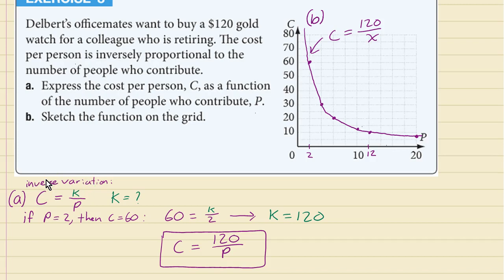So you might be able to see intuitively that way that it should just be C equals 120 divided by P. And that's great. If you didn't see it intuitively, then you're going to have to think of a pair of C and P values to plug in.